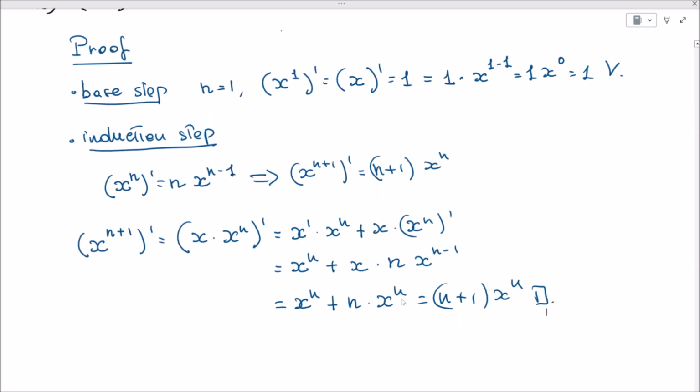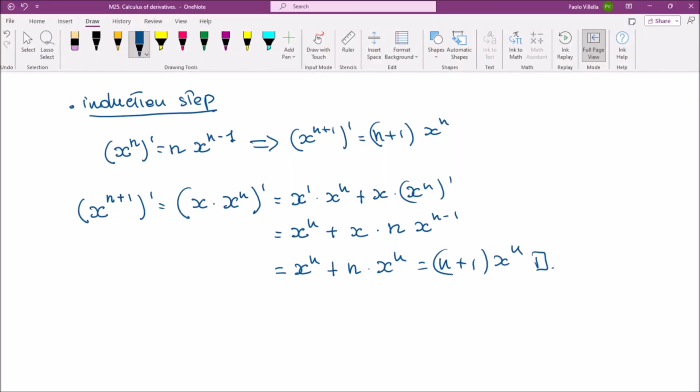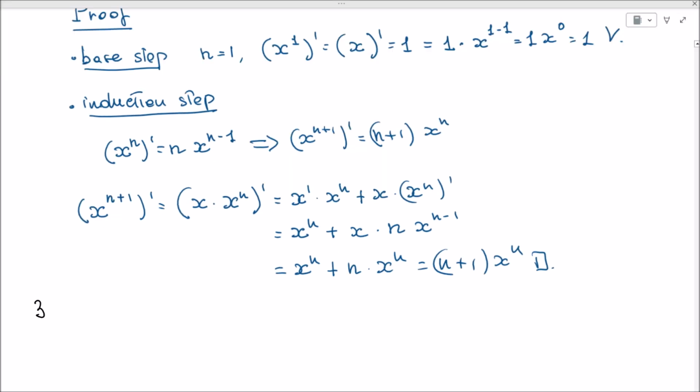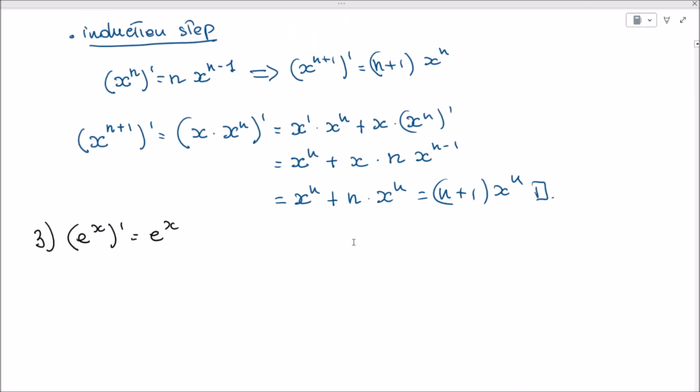Okay, so the third function, which we already proved, is that the derivative of the exponential is simply equal to e to the x. Okay, and now we can use this also to find the derivative of a to the x, okay, where a is any positive number.